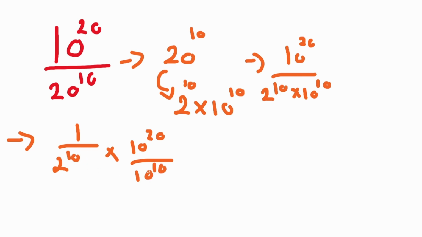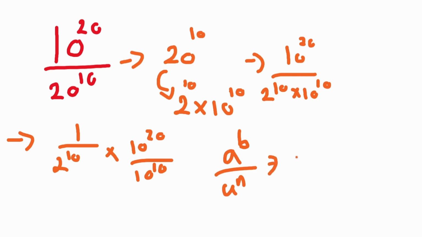If you multiply it out, you can see that this is the same thing as this, except it's just written in a better way. So you've got 10 to the power of 20 divided by 10 to the power of 10. The bases are the same this time, and the powers are different. When the powers are different and there's a division going on, we have something like a to the power of m over a to the power of n.